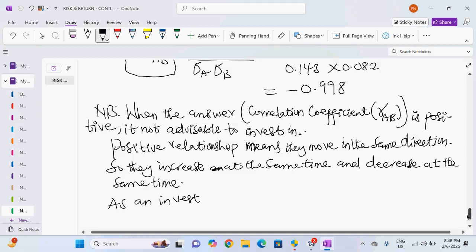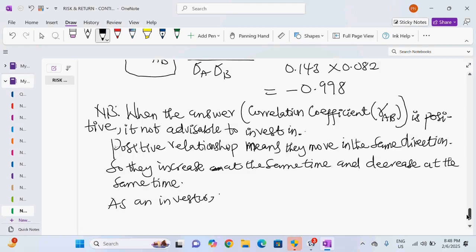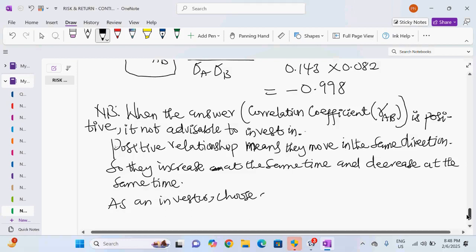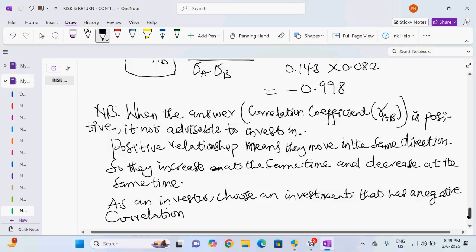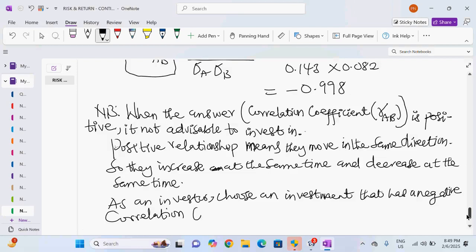As an investor, I choose an investment that has a negative correlation coefficient.